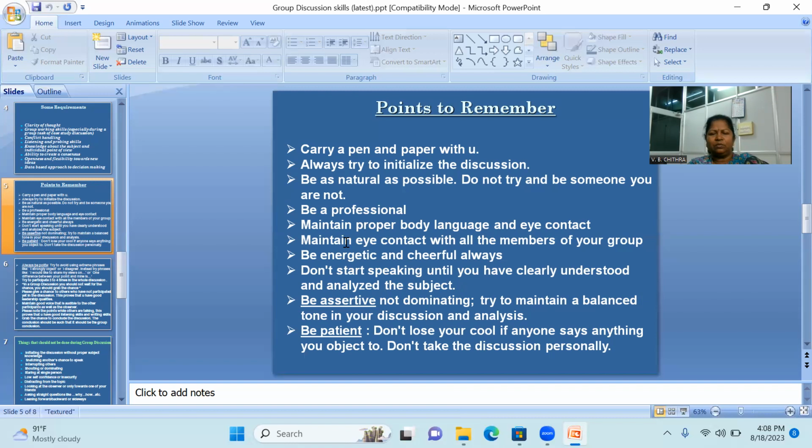Be assertive, but don't try to dominate, and try to maintain a balanced tone in your discussion and analysis. This is another important requirement for any candidate who is going to discuss in a group discussion.